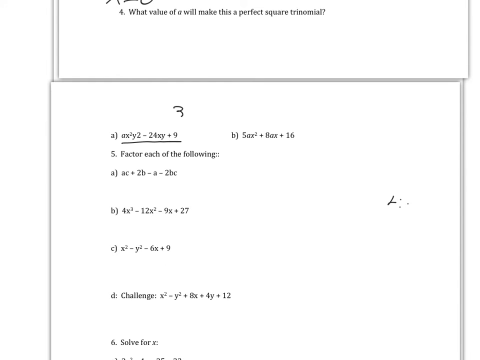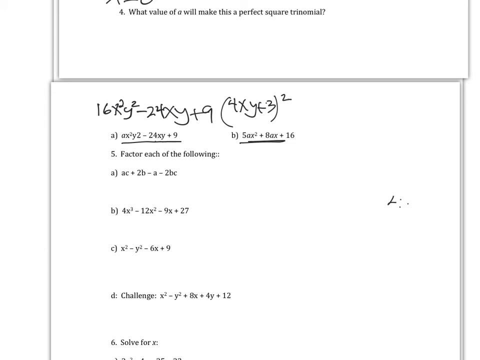So if we take half of negative 24xy, we get negative 12xy, which means that when we divide it by 3, we get negative 4xy. Or in other words, when this thing is squared, we're going to get 16x squared y squared minus 24xy plus 9, and that's going to give us a perfect square trinomial that factors to 4xy minus 3 squared.